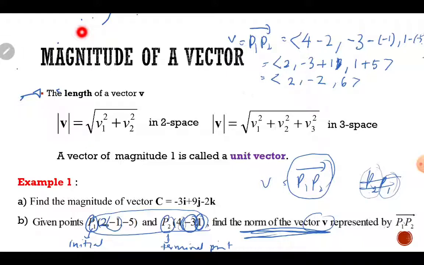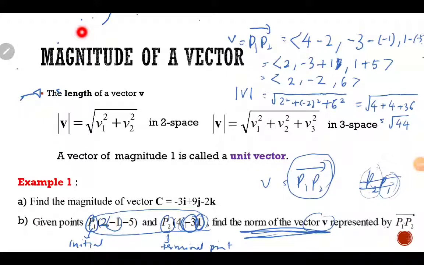To get the unit vector, the magnitude is what? 2 squared plus negative 2 squared plus 6 squared. So what you will get is 4 plus 4 plus 36, so we get square root of 44. Square root of 44 is our magnitude.